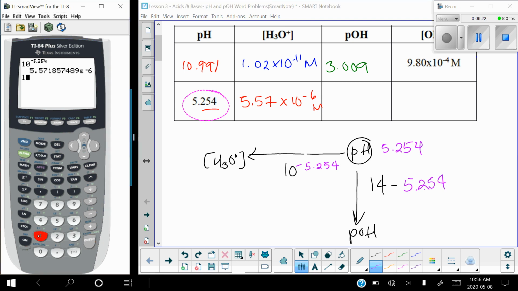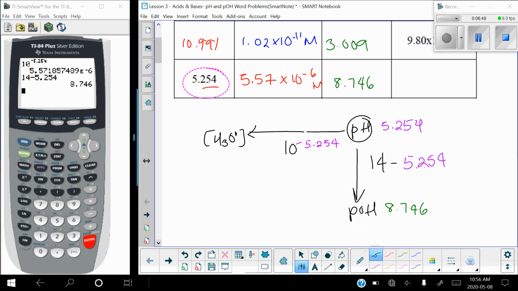So I'm going to go ahead and go 14 minus 5.254. And I get a POH value of 8.746. Okay, from here, we can then find our hydroxide concentration.